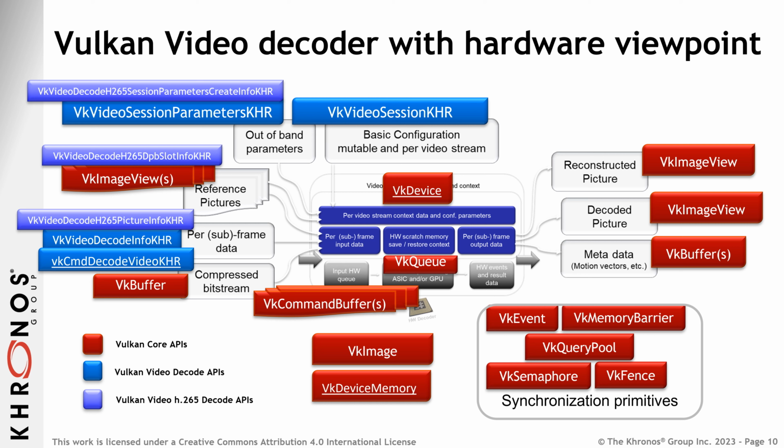The overhead for creating and destroying a Vulkan device would have also increased. Instead, a lightweight VK video session object maintains only the compressed video stream state. As a result, video streams can be created and destroyed more efficiently and with fewer hardware resources.